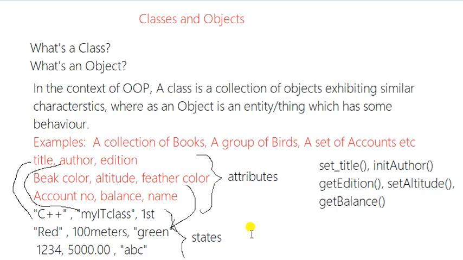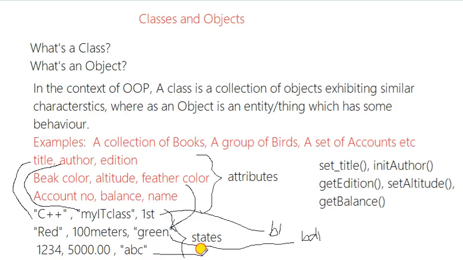Say these are the states of objects. Now this is one object, C++ my IT class, and I call it B1. In a similar way, this is a bird, say bird1, and I call it BD1.